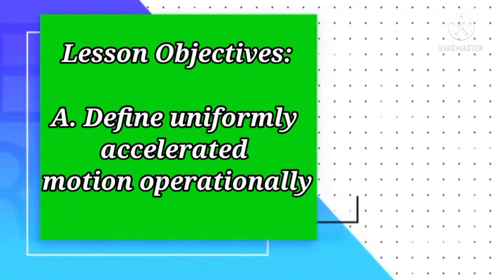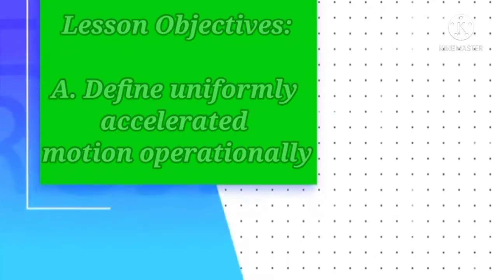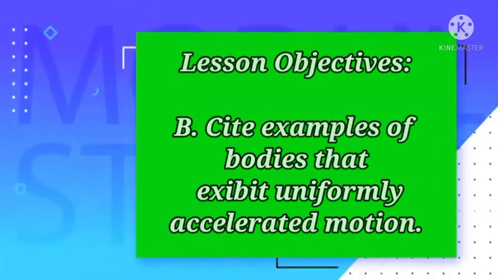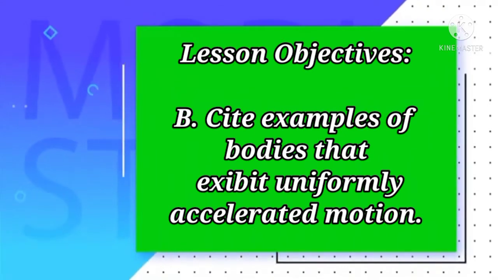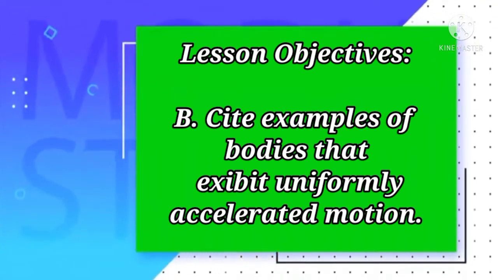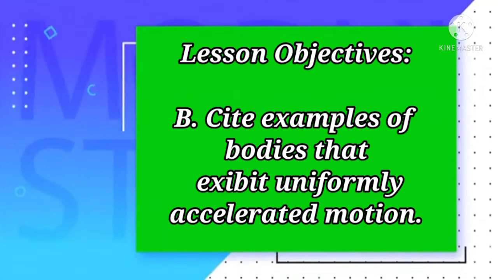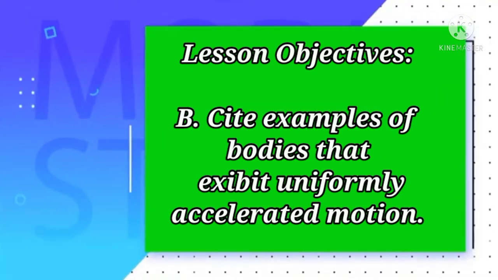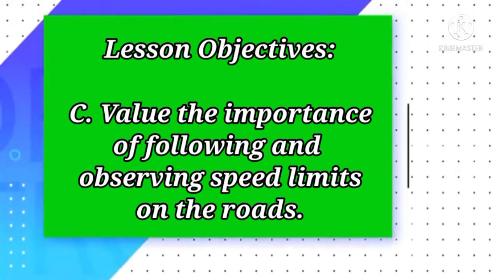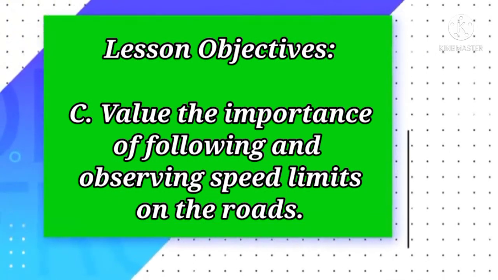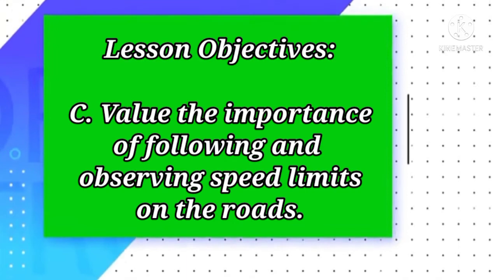Letter A. Define uniformly accelerated motion operationally. Letter B. Cite examples of bodies that exhibit uniformly accelerated motion. Letter C. Value the importance of following and observing speed limits on the roads.